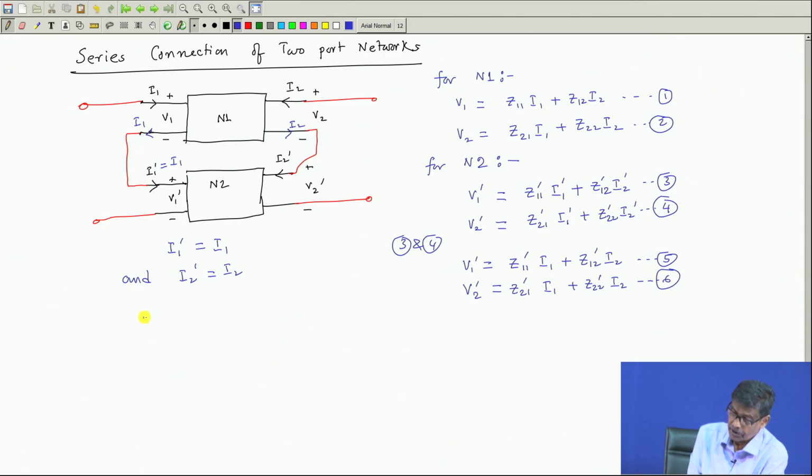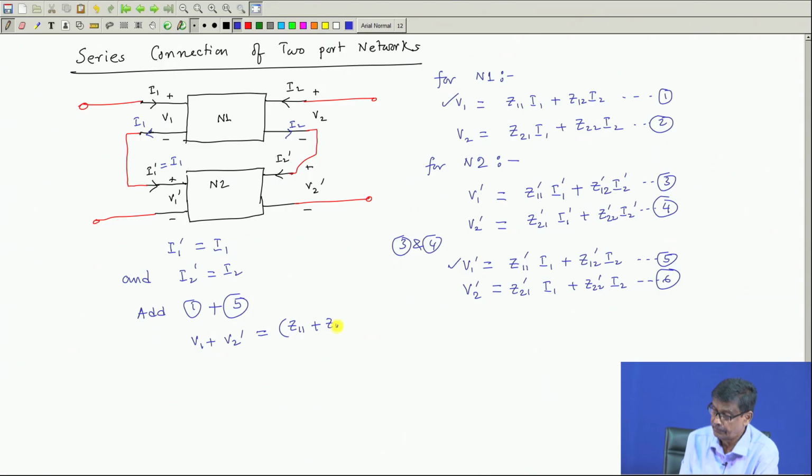Now, what do you do? You add equation 1 and 5. If you add 1 and 5, on the left hand side you will get V1 plus V2 dashed. This equation and this equation I am adding. So, V1 plus V2 dashed will be simply Z11 plus Z11 dashed into I1, this term and this term added up.